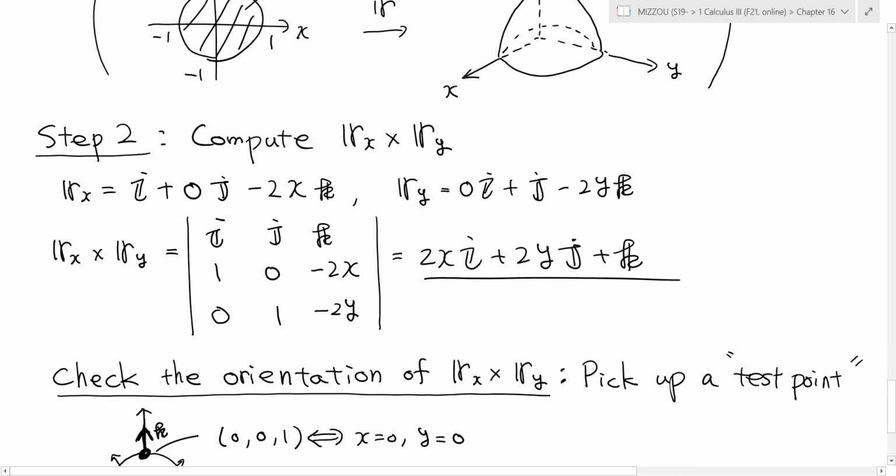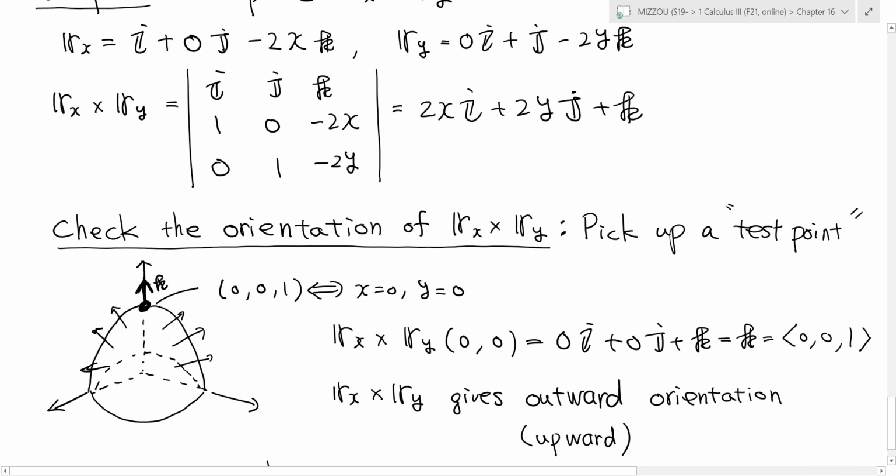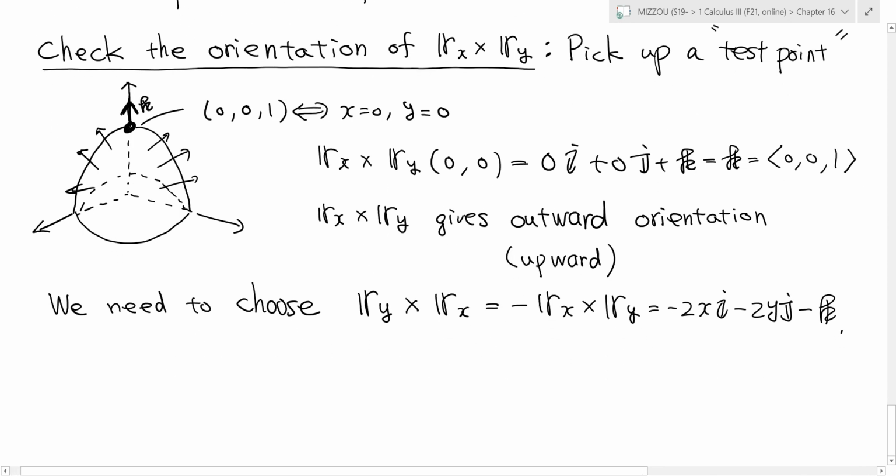Okay, step number 1, parameterize the surface. And step number 2, compute the orientation, the vector that gives the orientation, and make sure that that is consistent with the orientation given in the problem.